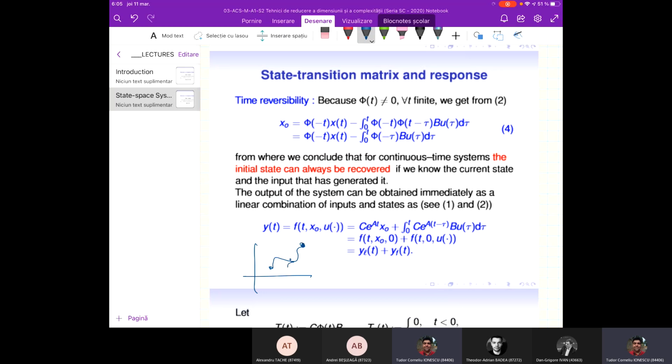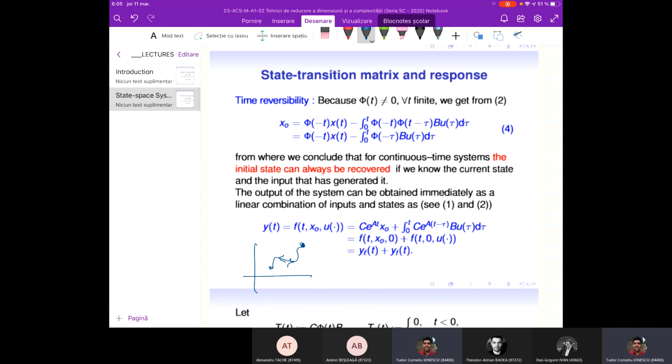If you go this way, for linear systems, you can always go backwards. Note that this is not true for nonlinear systems, for instance, for the pendulum, if you think about it. So this is true only for linear systems. The initial state or the initial condition can always be recovered from any state on the trajectory that you compute.